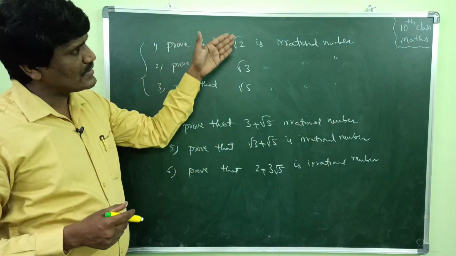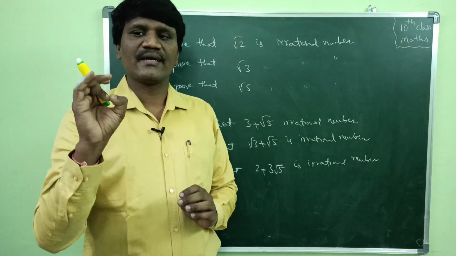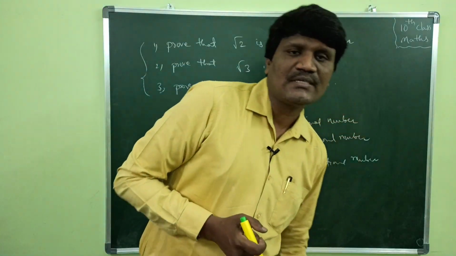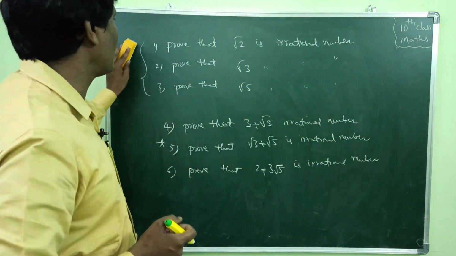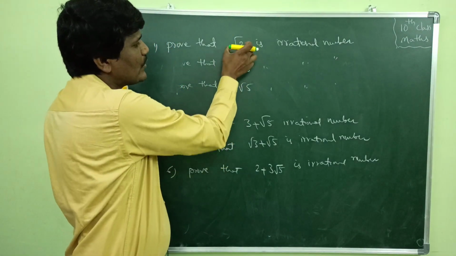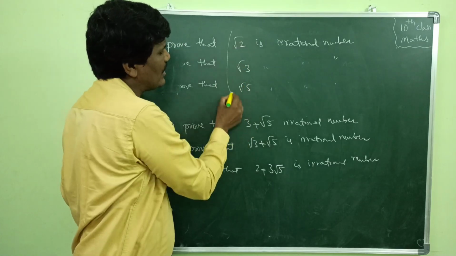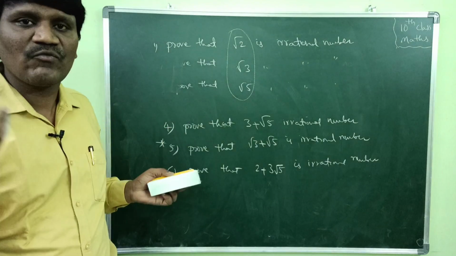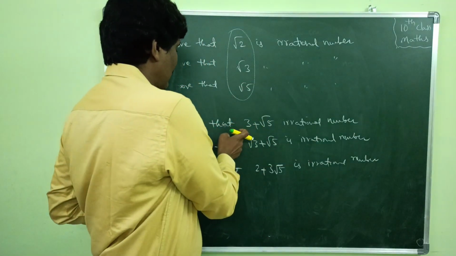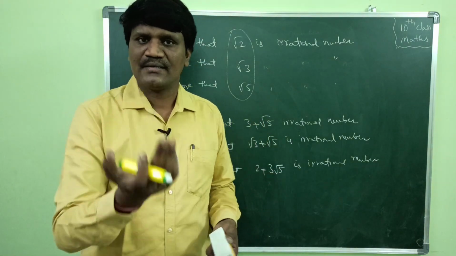So for proving this, we have a method called the contradictory method. First let us see the first problem. Prove that root 2 is irrational number. If purely irrational numbers like root 2, root 3, root 5 are given, with no rational numbers, the method of proving is different, or if an irrational number and a rational number are given, the method of proving is different.